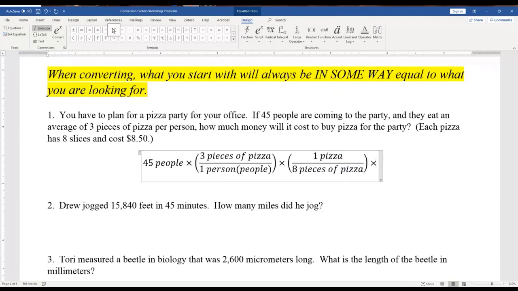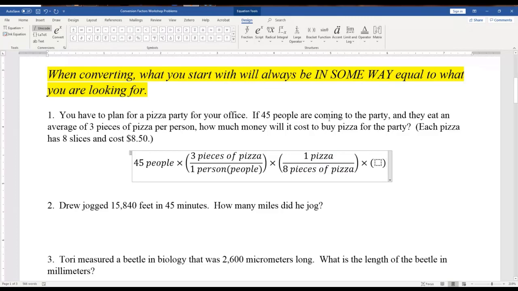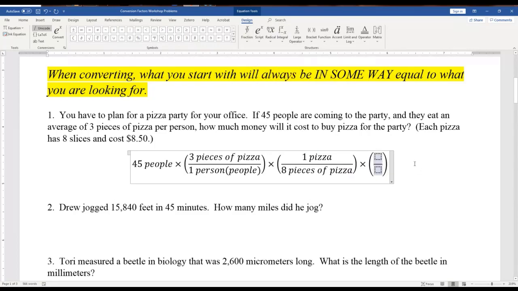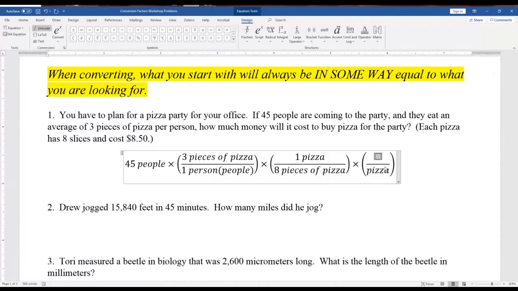And now we have a pizza. Now, what can we convert pizza to? Dollars per pizza, exactly. So pizza has to go on the bottom, and I can relate the cost to it.